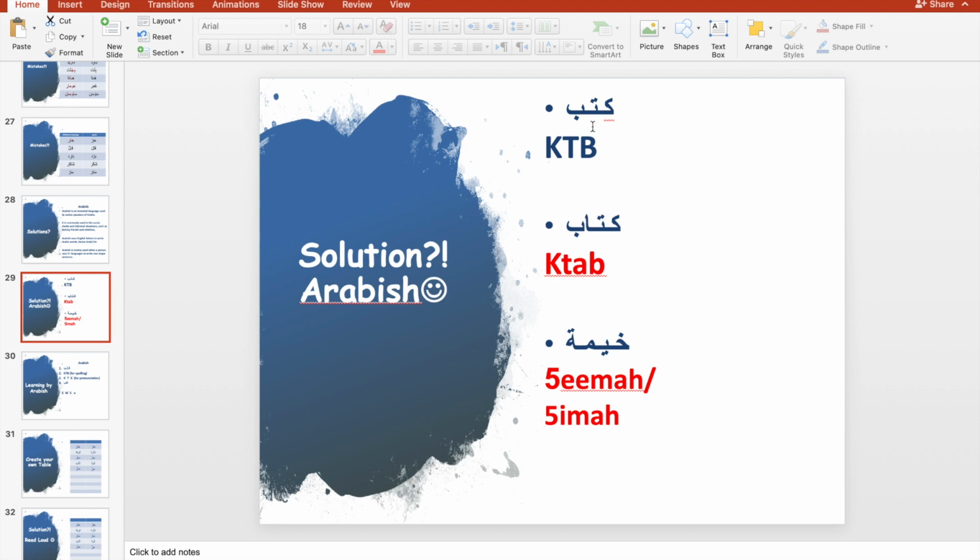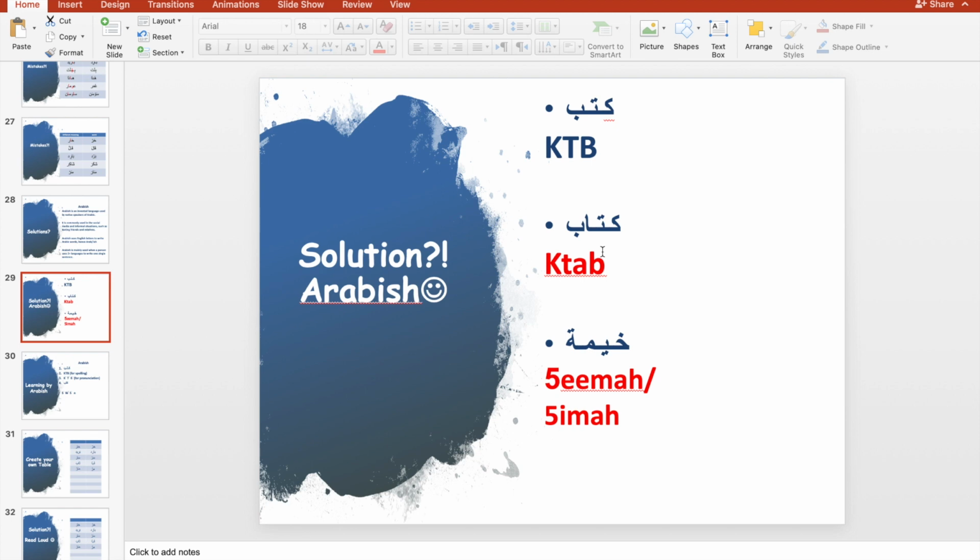Kataba is written as KTB, letters only, consonants only, no harakat or short vowels. Kitab is written as KTAB. The English A here means one thing only, which is the long vowel you can see here.